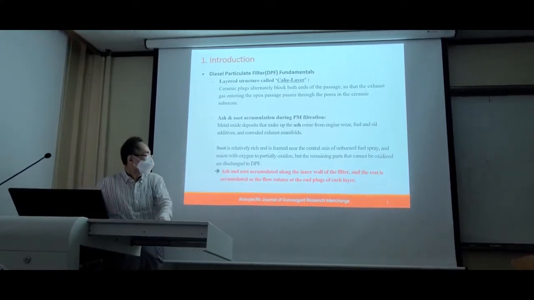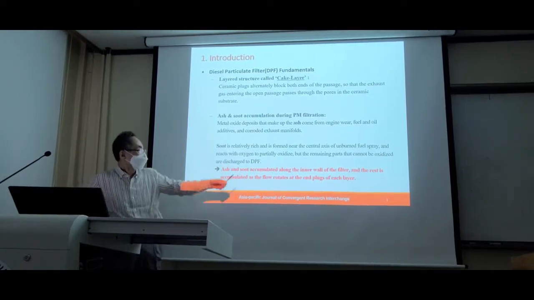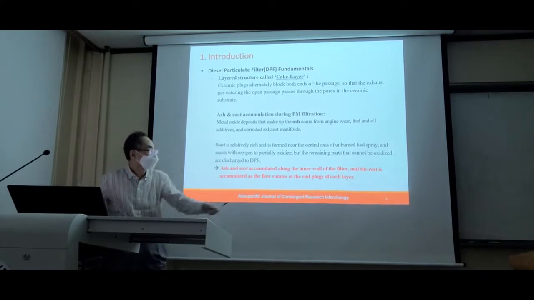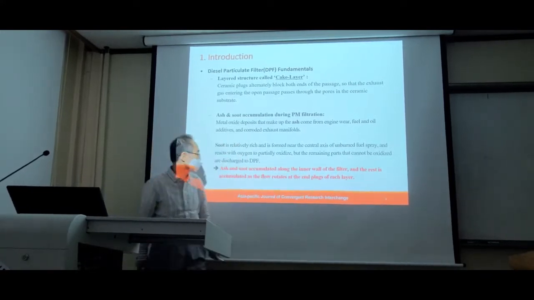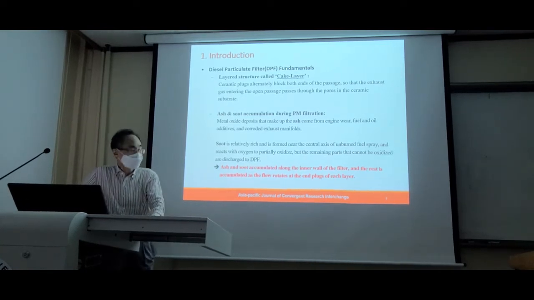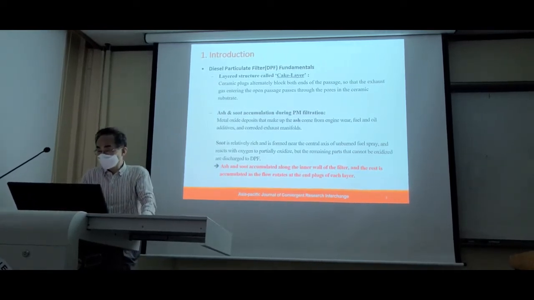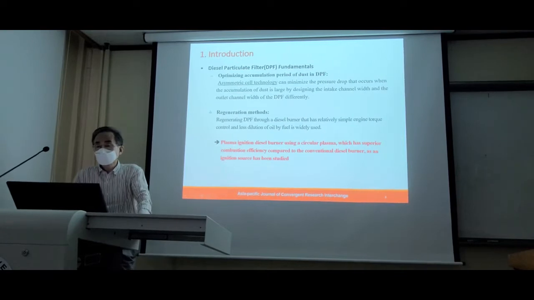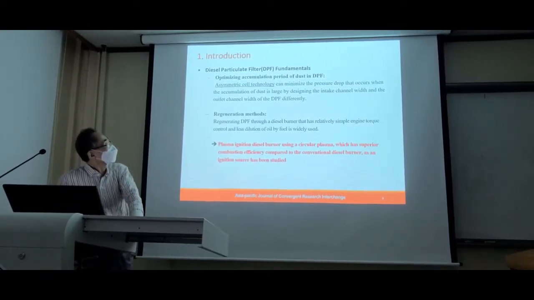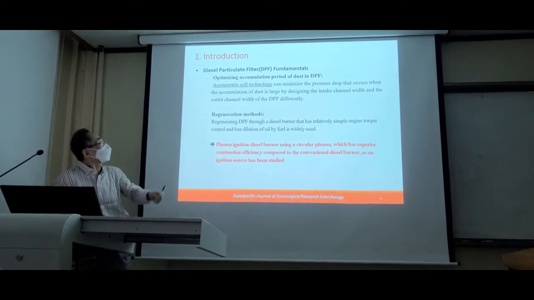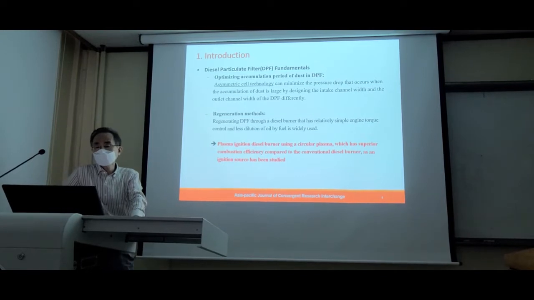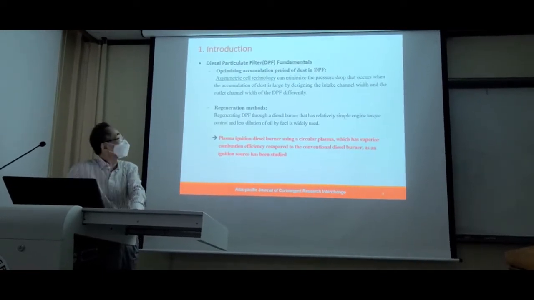So ash and the soot is accumulated along the inner filter, which is, you can say, the substrate, and the rest is accumulated at the end of the flow of each layer. For the DPF fundamentals, we have to optimize the accumulation period of dust in the DPF.